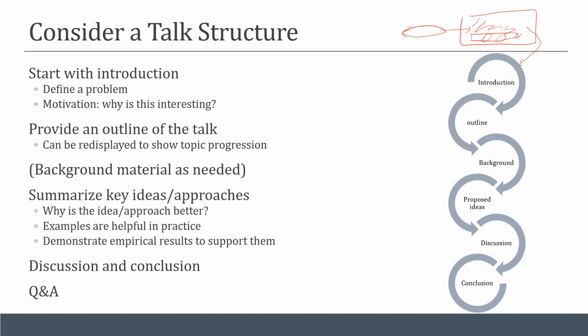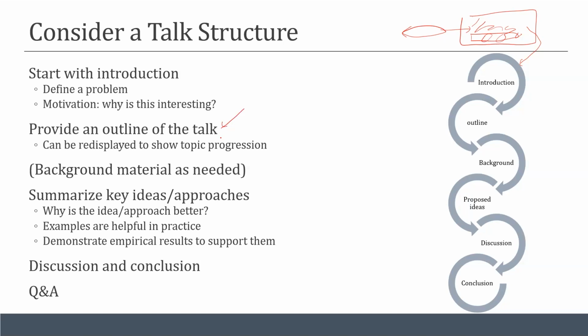Why is this topic important, why is it motivating to others, and why is this interesting? Now the audience is motivated, and they know the definition of the problem. Then you can provide an outline of the talk.